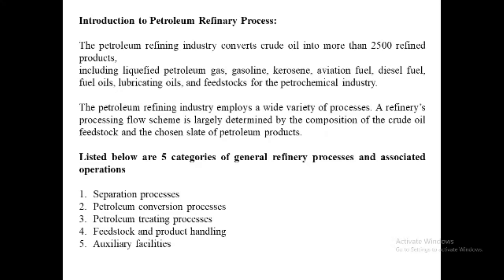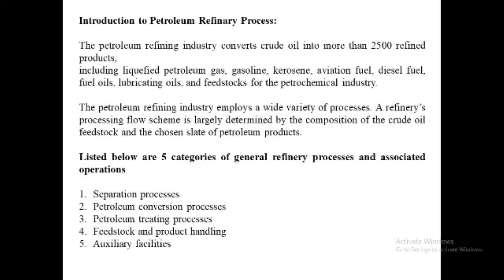Next, feedstock and product handling. The refining feedstock and product handling operation consists of unloading, storage, blending, and loading activities. Basically, last one is the auxiliary facilities. A wide assortment of processes and equipment not directly involved in refining of crude oil is used in functions vital to the operation of the refinery.